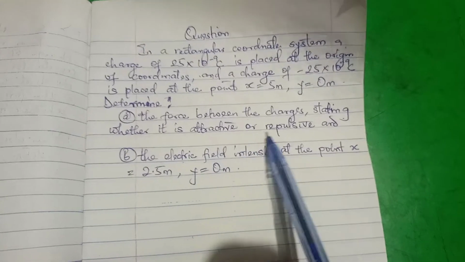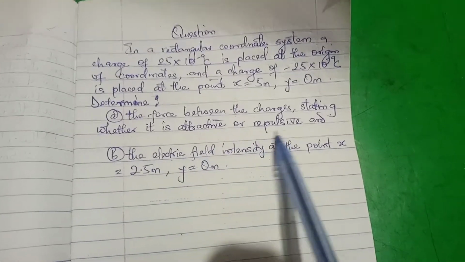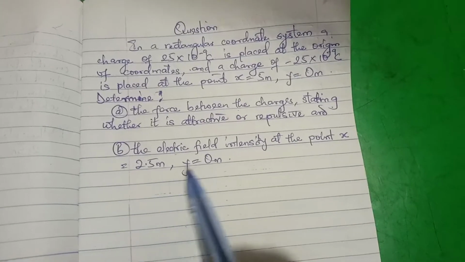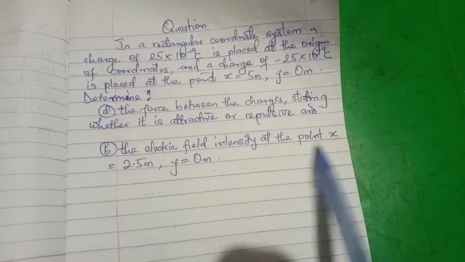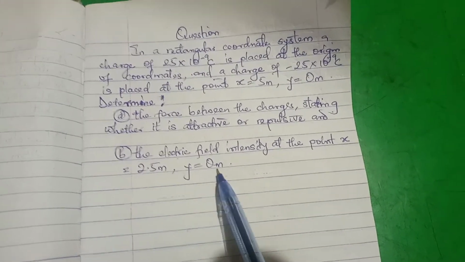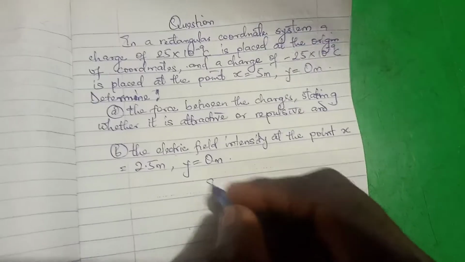Determine (a) the force between the charges, stating whether it is attractive or repulsive, and the electric field intensity at the point x equals 2.5 meter and y equals 0 meter. So we'll go with the solution now.